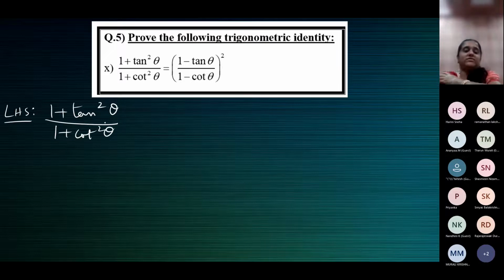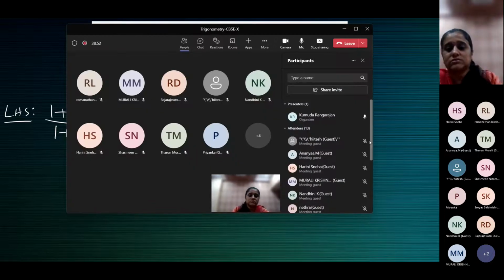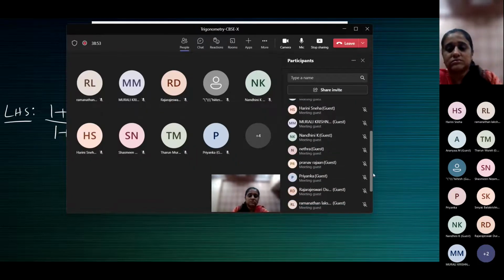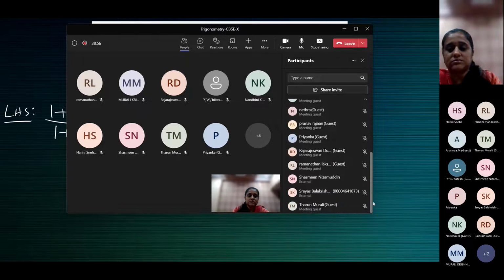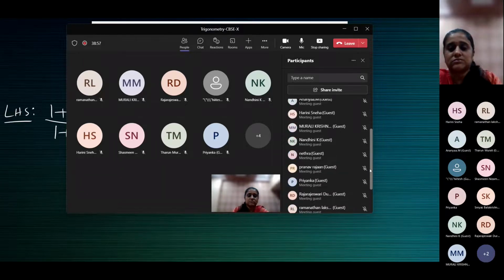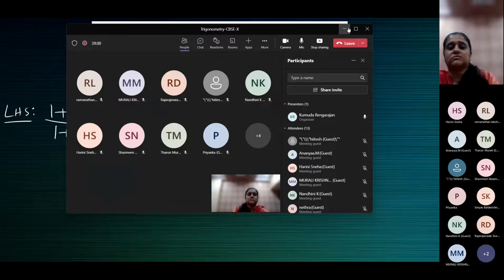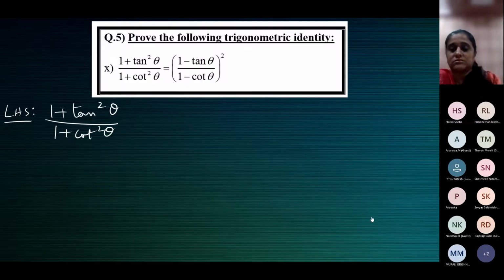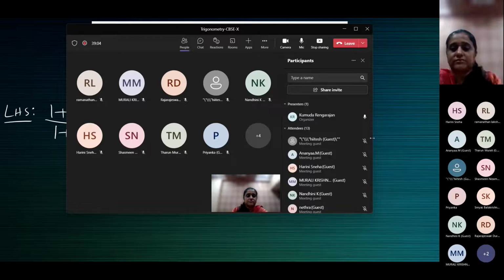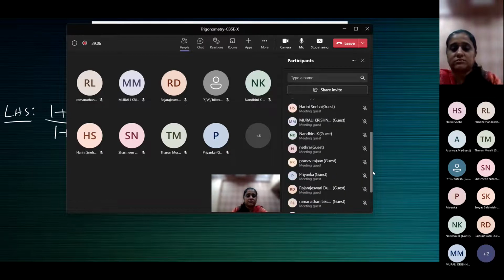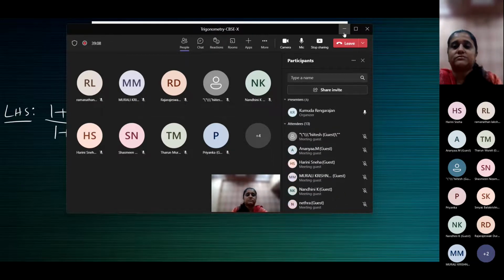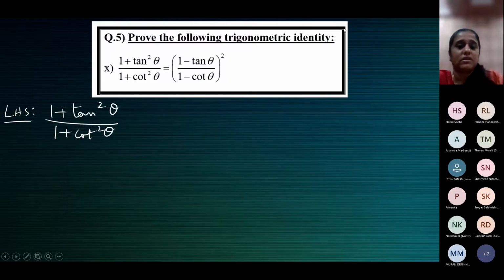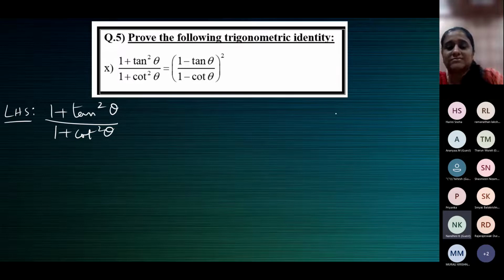What is 1 plus tan square theta? Sec square theta.